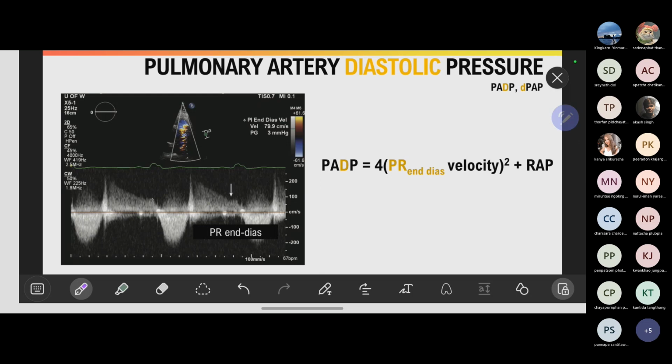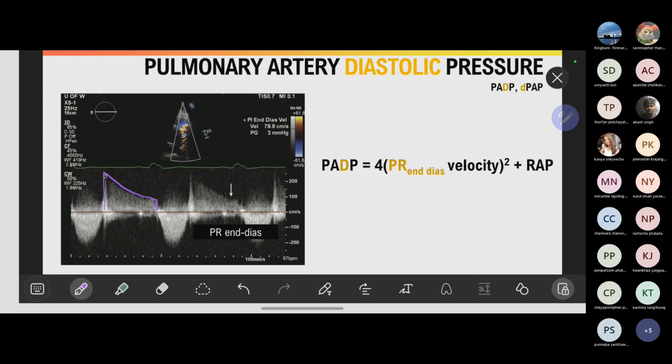Next is non-invasive estimation of PADP, pulmonary artery diastolic pressure. This is the characteristic of PR velocity.